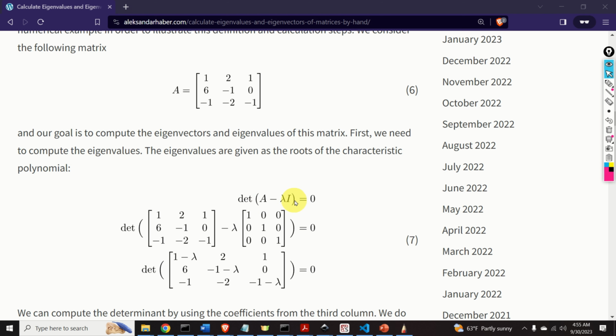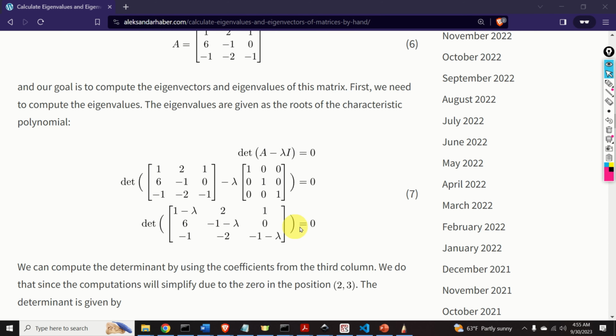First we substitute this matrix over here, then we substitute the identity matrix, and finally we obtain this expression. If we compute the expression inside, we obtain this problem. That is, we need to compute the determinant of this matrix. And here you can see the eigenvalues.